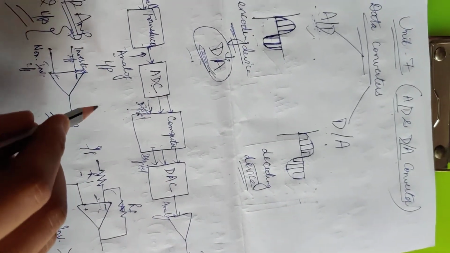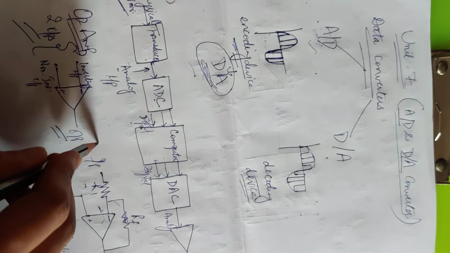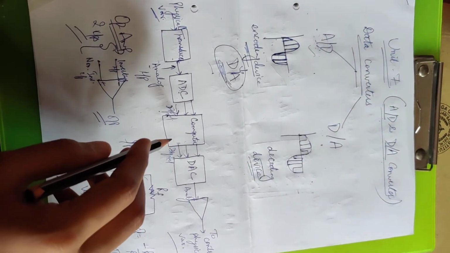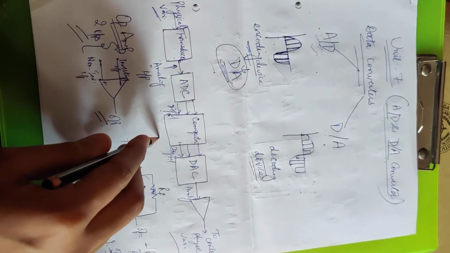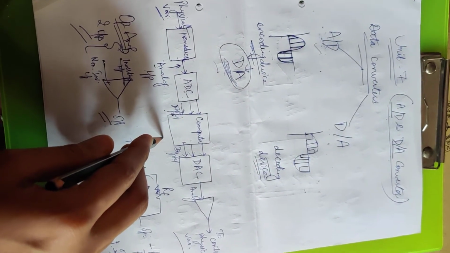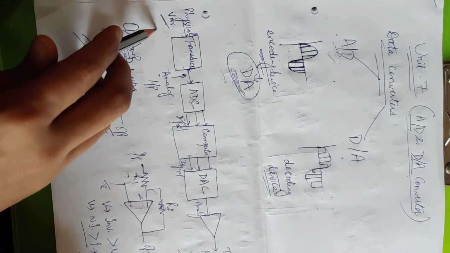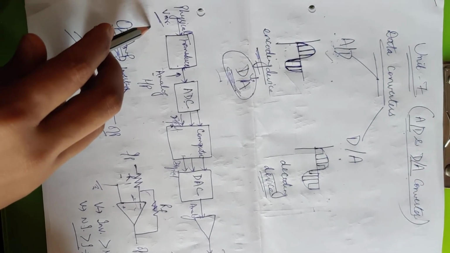Now the example of this conversion process, we use a computer system. The computer understands digital. So what we have are physical variables, that is analog signal.